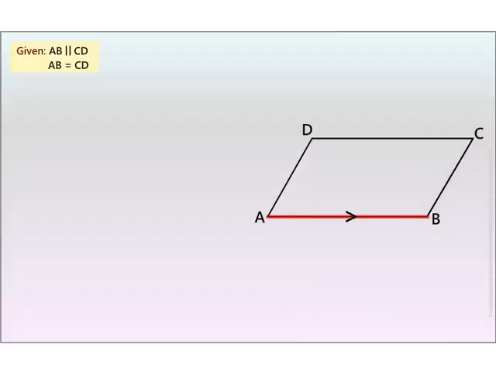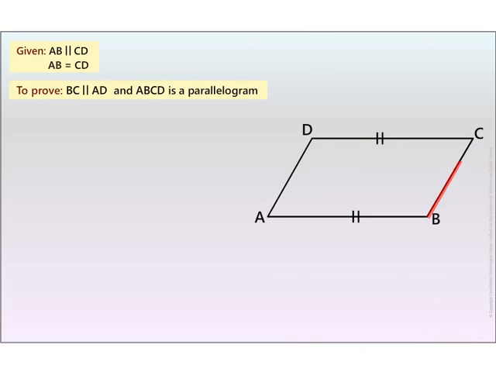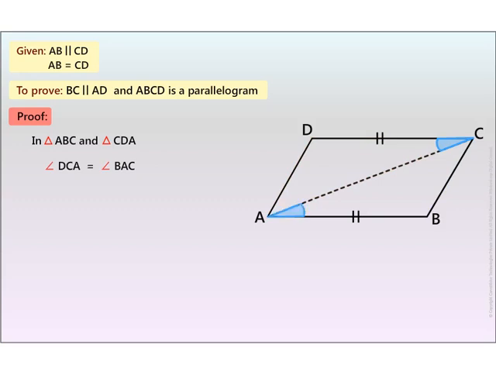Given AB is parallel to CD and AB is equal to CD. To prove BC is parallel to AD and ABCD is a parallelogram. Let us draw a diagonal AC. Now, in triangle ABC and triangle CDA, angle DCA is equal to angle BAC.